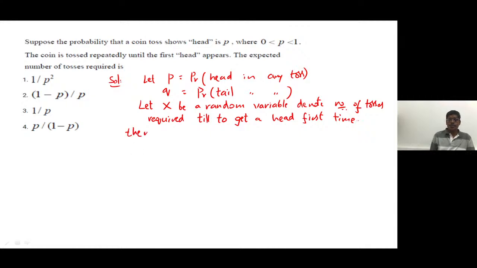Then the distribution table: X value is denoted by small x and its probability P of x.